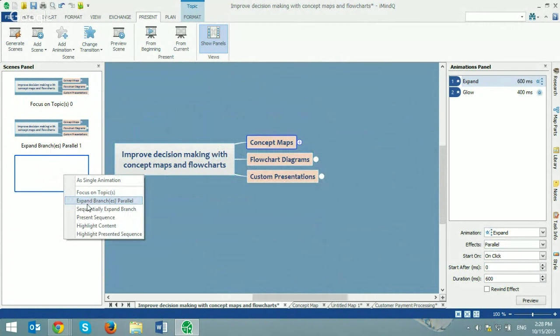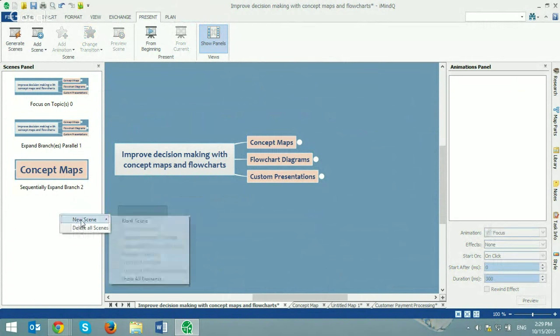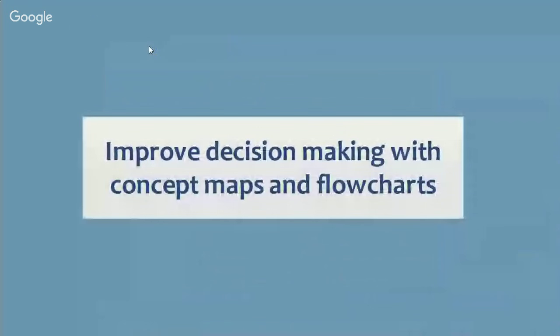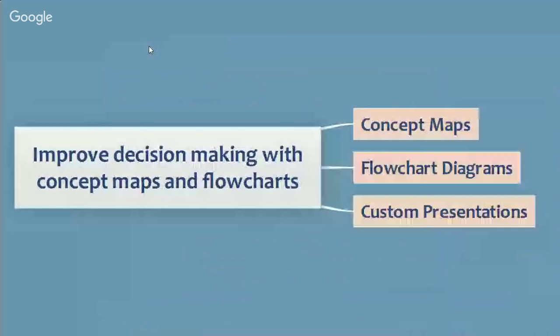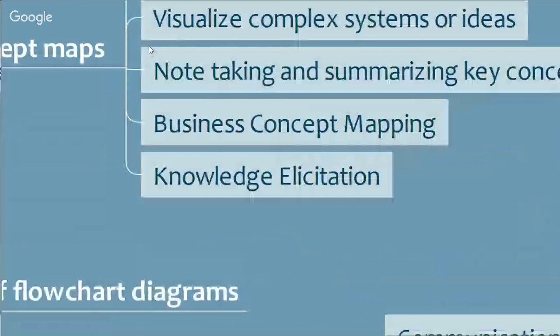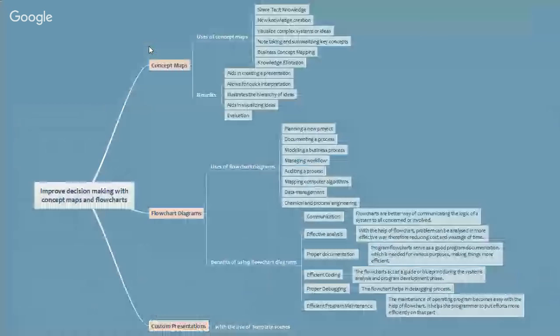As you can see, if you want to see a difference, we can go to the sequential expand branch option, and at the end I can finish by showing all elements. To see the presentation, I'm going to go through it quickly and show what we have created. This is showing all elements, and you get an entire image of the map.